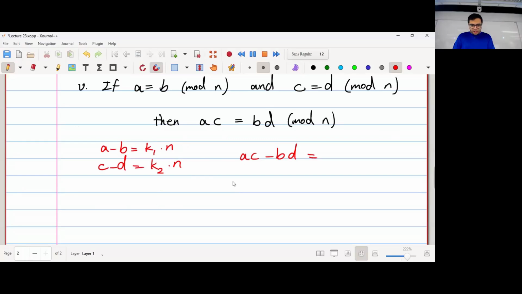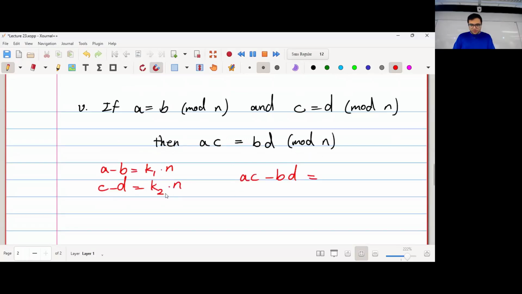I want to try to get rid of some of the variables here. So I have this d here. Instead of d, I can write c minus k2n, right? So this is ac minus b times c minus k2n, right? And let's say I have a, b, and c right now. What is the next variable that I want to get rid of?